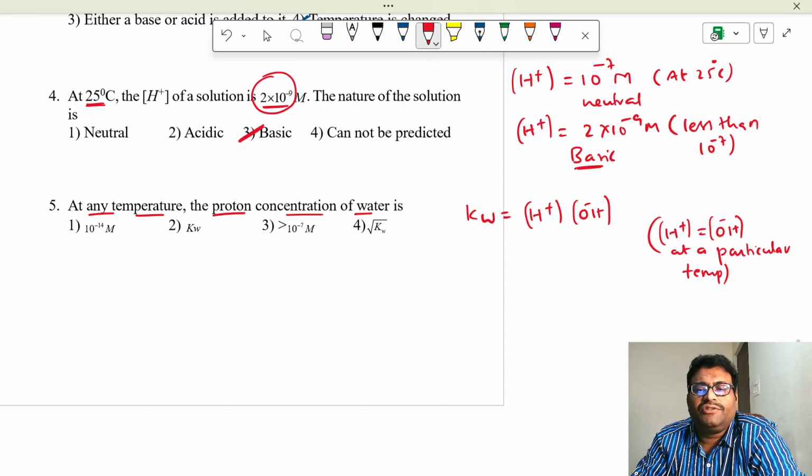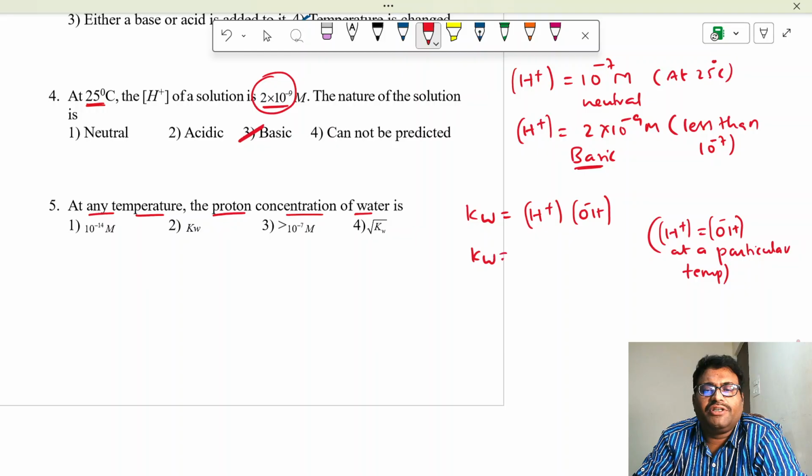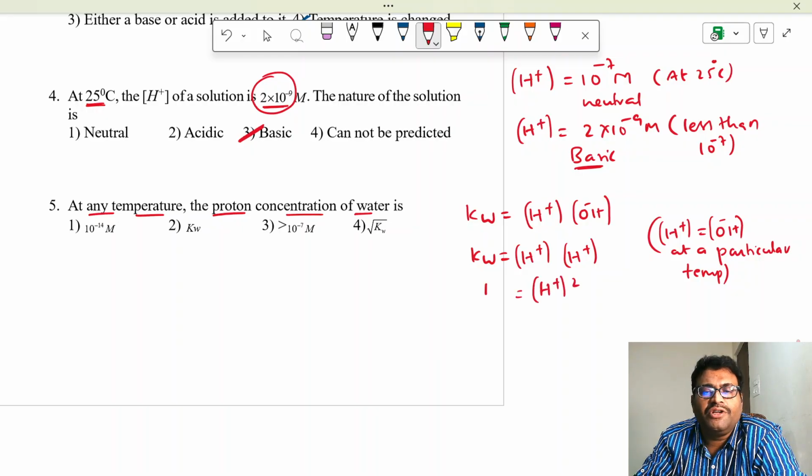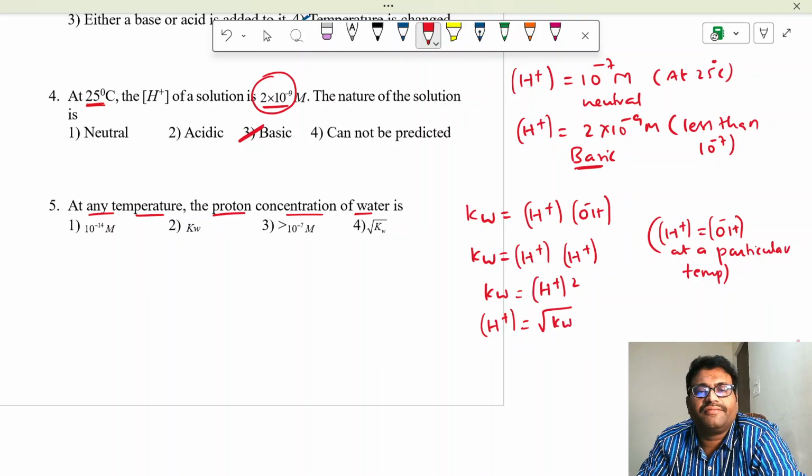So now I can write that Kw is equal to H plus ion concentration into H plus ion concentration, because OH minus ion concentration is also equal to H plus ion concentration. Now I can write it as H plus ion concentration square is equal to Kw. Then H plus ion concentration is equal to root Kw.